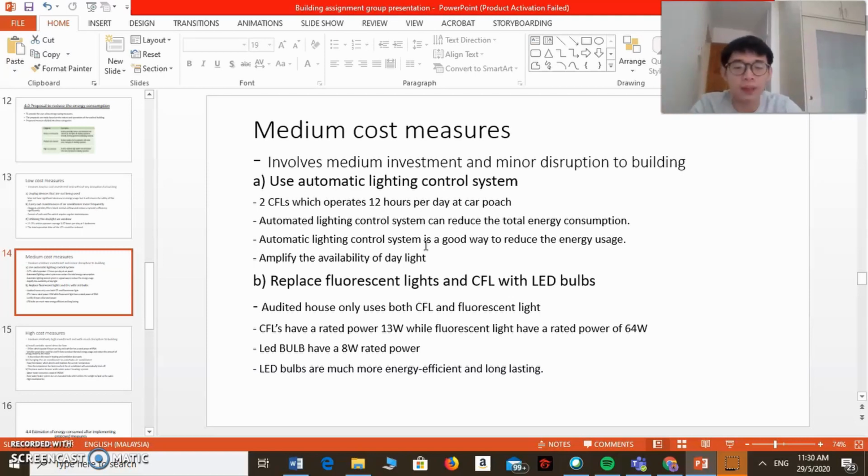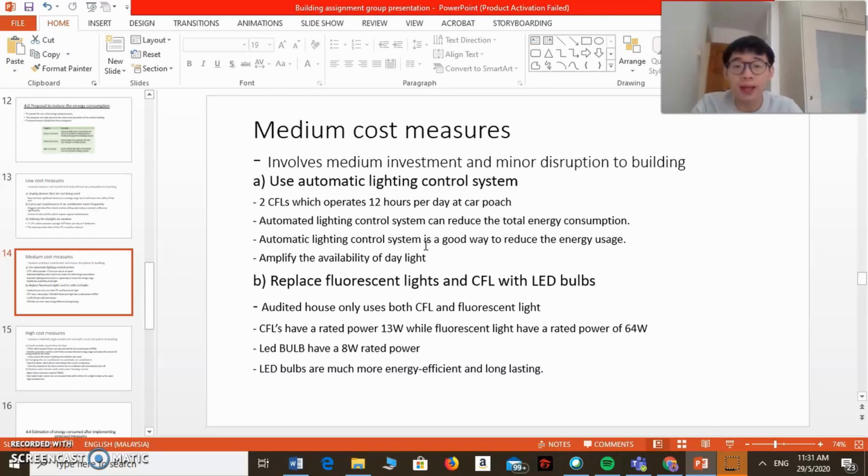Next, the user could replace the fluorescent lights and CFLs with LED bulbs. From what we have seen during the audit, the audited house only uses both CFL and fluorescent lights. Therefore, we suggest the user to replace them with LED lights instead. So why do we say so?